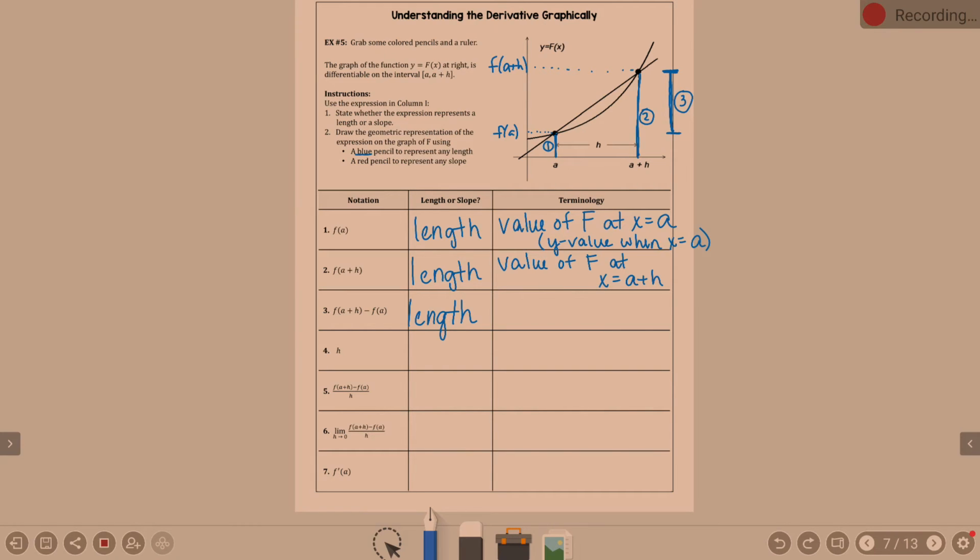And we talked about the difference, right? It's the difference between the two. So the difference in y values for f between x equals a and x equals a plus h. I'm going to use the word difference since it's subtraction.